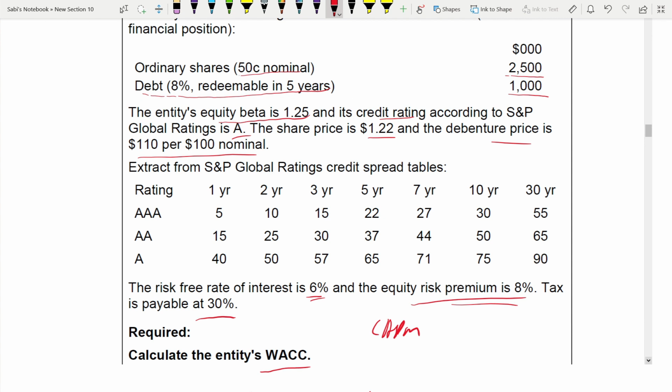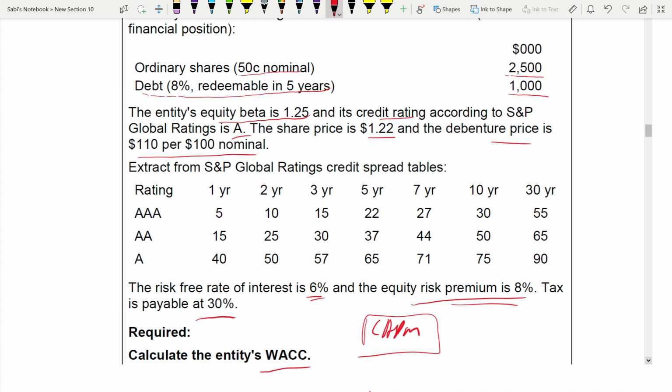Can we use dividend valuation model? No. You have not been given anything about growth rate. Nothing has been mentioned about dividend. Can we use Modigliani and Miller's theory? No. You are not given anything regarding ungeared cost of equity. So the only choice is CAPM. Through this, you are going to find cost of equity.